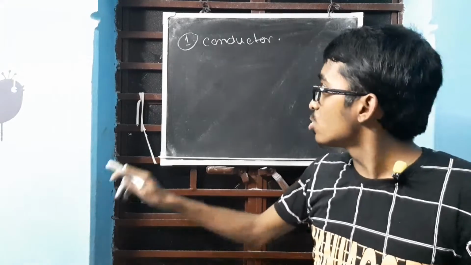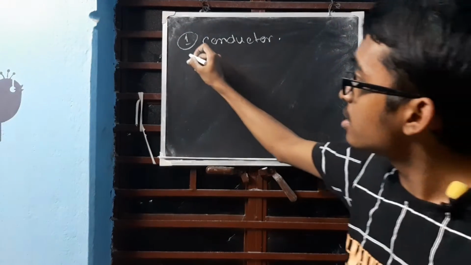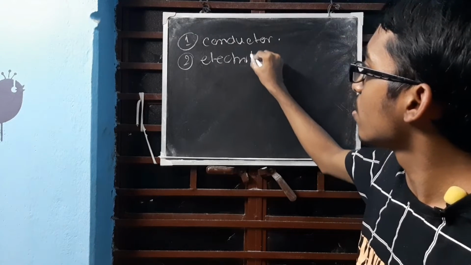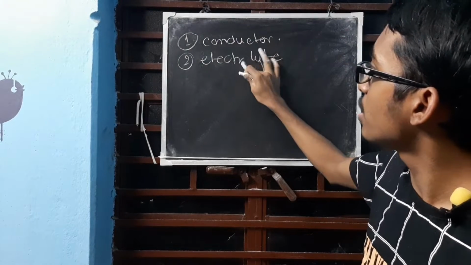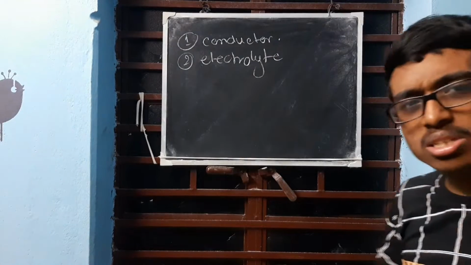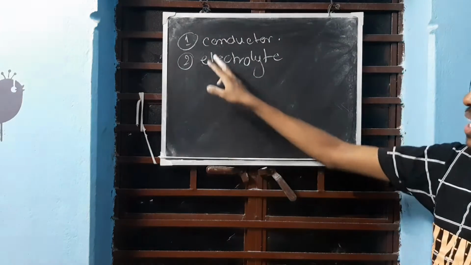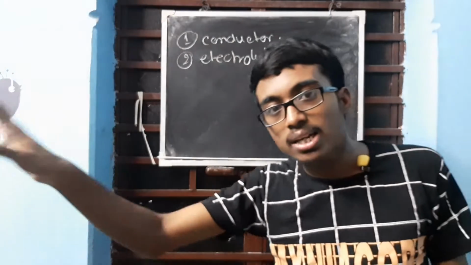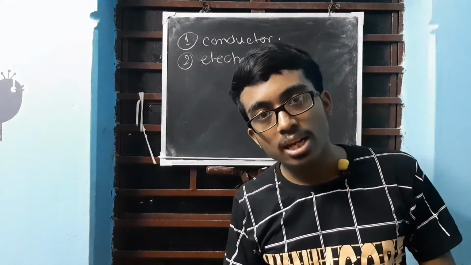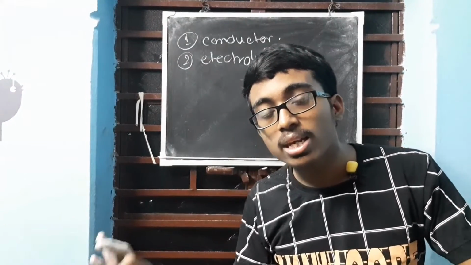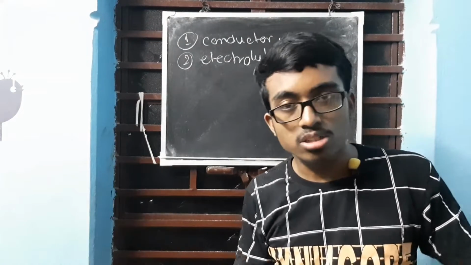If you forget it, it can be even an electrolyte. So conductor, and number 2 I am writing is electrolyte. So what is the difference between these two? Very important question. Conductor is a substance that will conduct electricity in solid state, in molten state, without any chemical change. Difference we are coming to later.